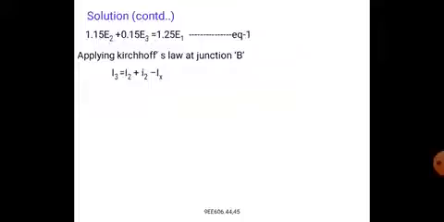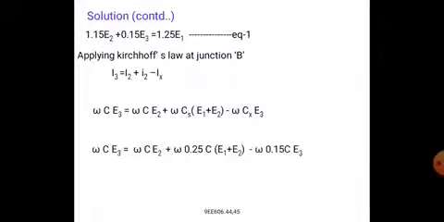Similarly, applying Kirchhoff's law at junction B, I3 is equal to capital I2 plus small i2 minus Ix. So ωC E3 is equal to ωC E2 plus ωCs into E1 plus E2 minus ωCx into E3. That is ωC into E3 equals ωC into E2 plus ω into 0.25 C into E1 plus E2 minus ω into 0.15 C E3.